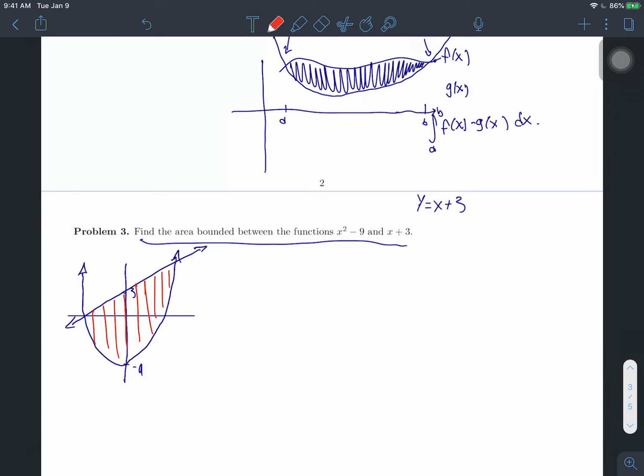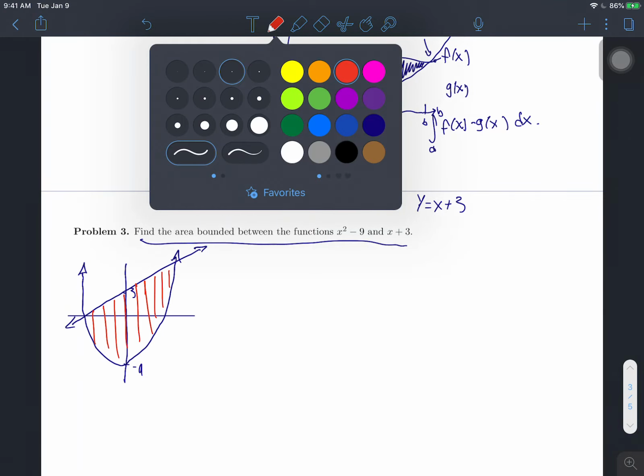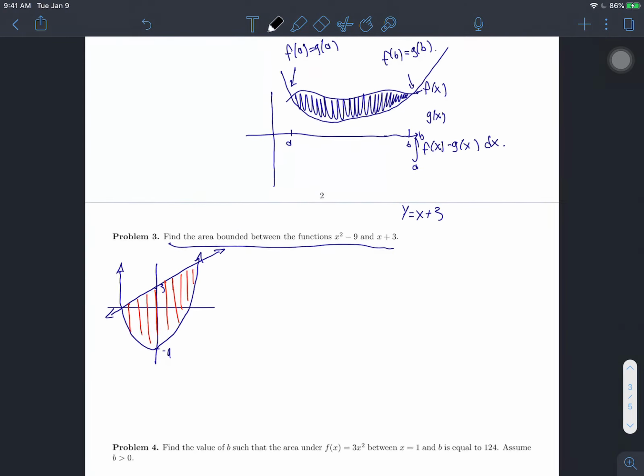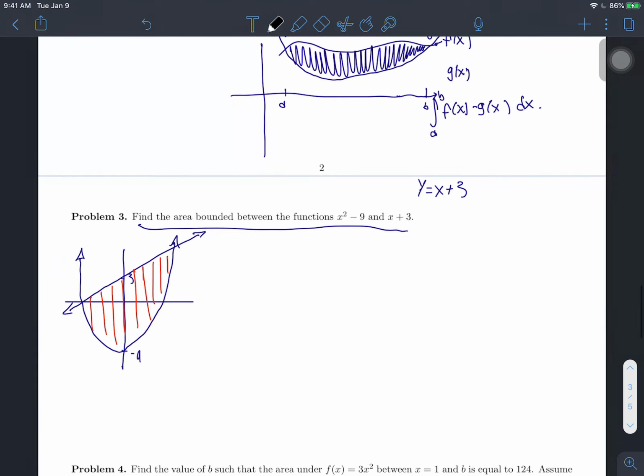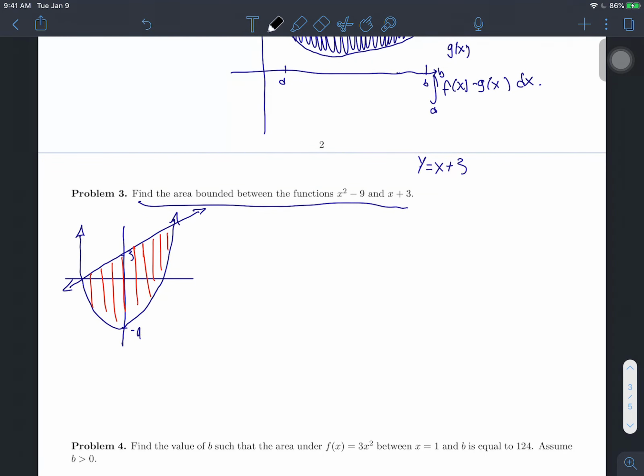Kind of a crazy looking shape. But we're not going to worry too much because now we got the big guns. We got the fundamental theorem of calculus. So first of all, let's write this area as an integral. Let's not worry about the bounds for a second.